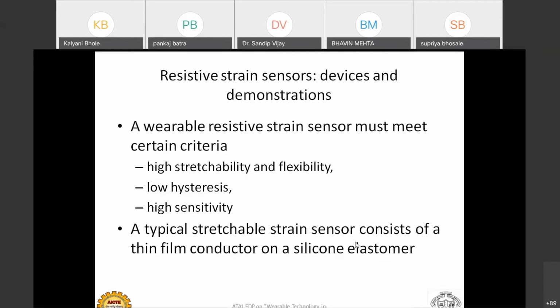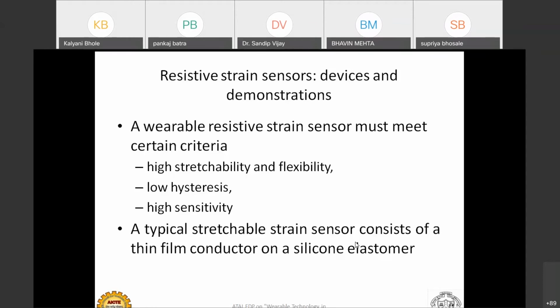And again, it should be highly sensitive, because we are designing it for wearable sensing. We have to get a change in the output with a small change in size. That is the challenge. So again, it should have high sensitivity.